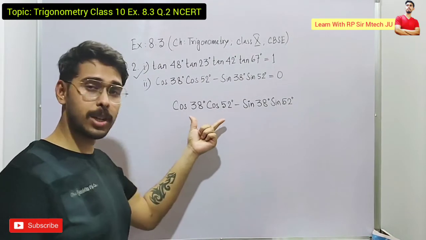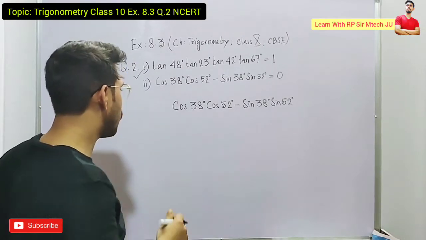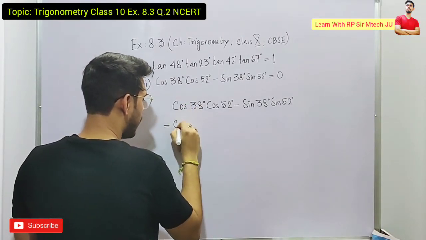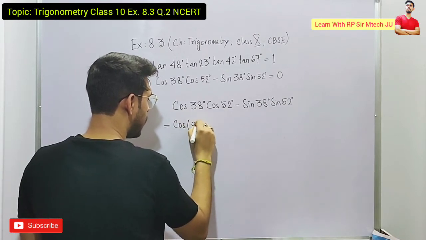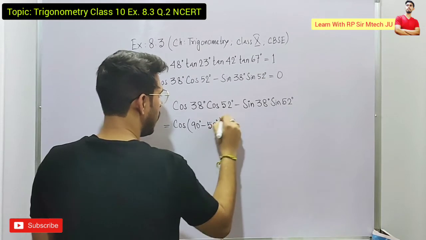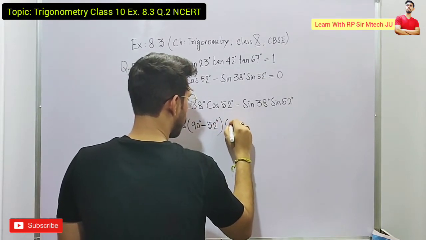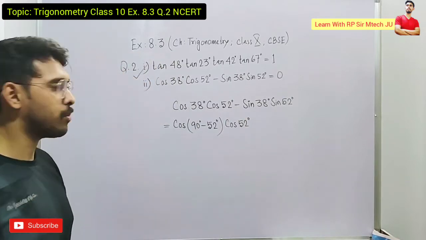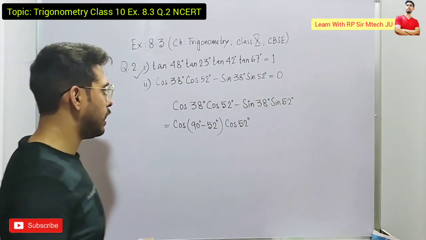So we have an advantage over here. So what we can do here, we can make this cos 38 as cos of 90 minus 52, and we can make this cos 52 as it is, cos 52 only. Okay, we have altered this one.